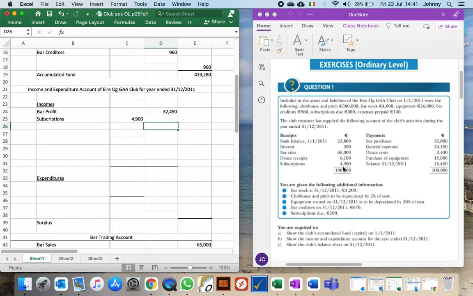Okay, so that's the amount of money that we've received. But of that, there were some subs that were due for last year. So that's 300, so I'm going to take that away. And then at the end of it, there are subs due for this year. So I'm going to add subs due.